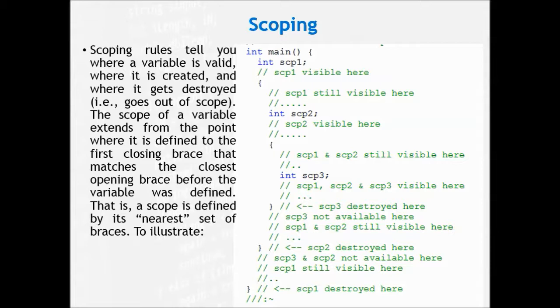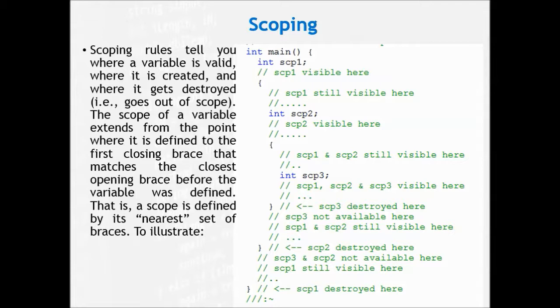In this curly brace, we declare another variable, which is int scp2. So scp2 is only available between the second curly braces. After declaring int scp2, we start another curly brace, and in this curly brace we use int scp3, another variable.